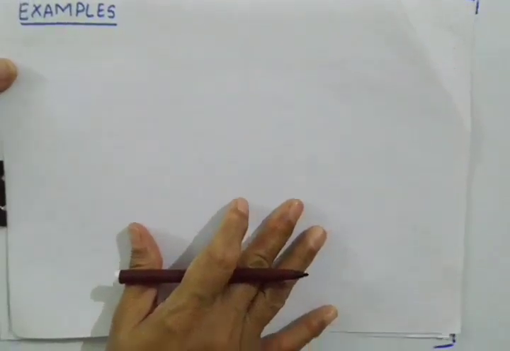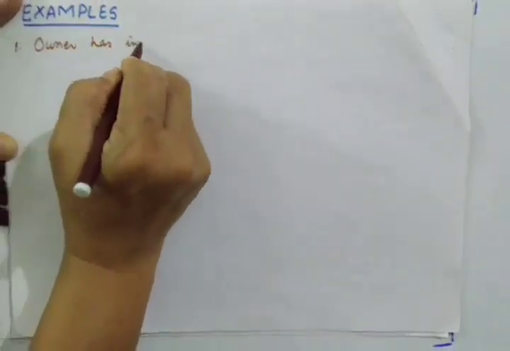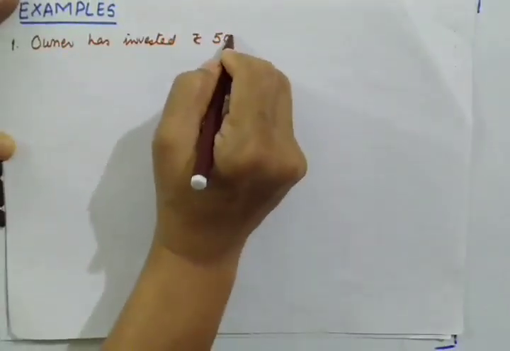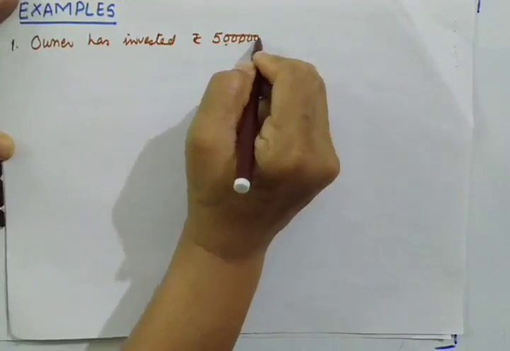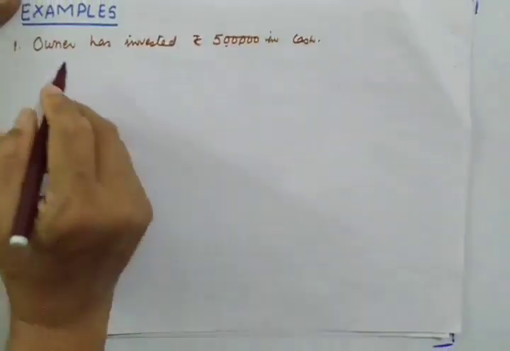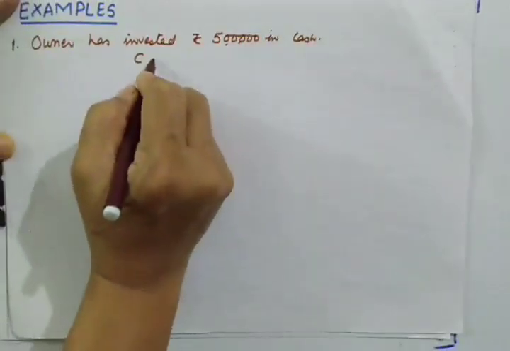Yes, so what will happen? I am taking one example. Let us assume that the owner has invested rupees 5 lakhs in cash. How is this going to impact your transaction?